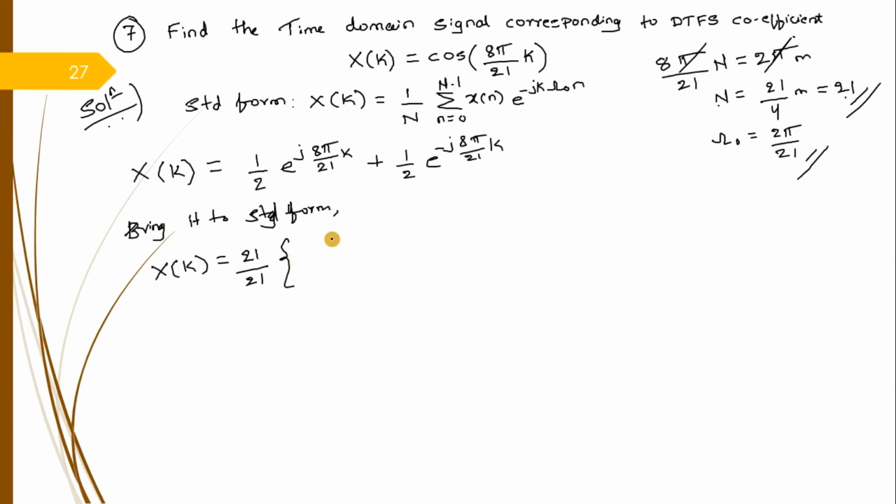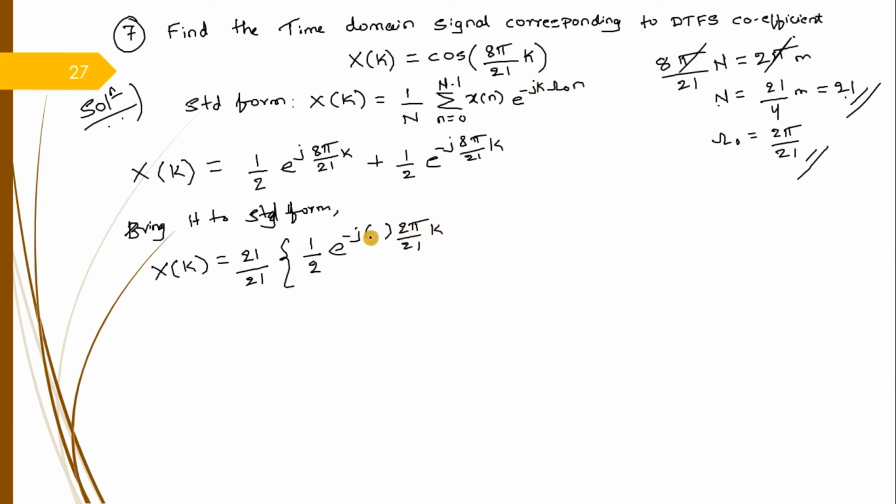Close bracket. So 1 by 2 e raised to, there should compulsorily be j, minus j, k I leave out. Omega naught means 2 pi by 21, and here it is k, because k is there already.